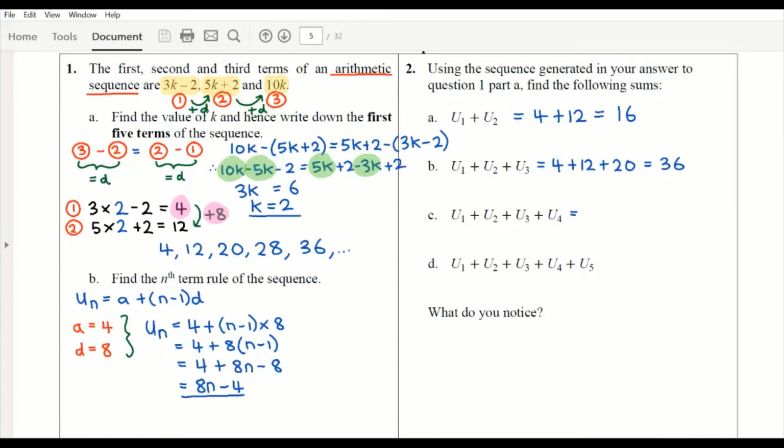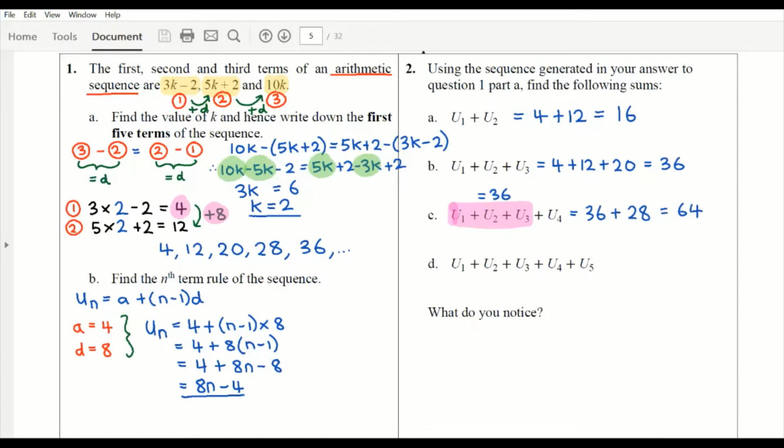Now, rather than writing it all out again, let's just use a little bit of common sense here. We've added the first three in the previous question, haven't we? So I know that sum there is, of course, equal to 36. So I just need to add 36 and the fourth term, which is 28, together. Now, if you add 36 and 28 together, of course, you get 64. All right, okay.